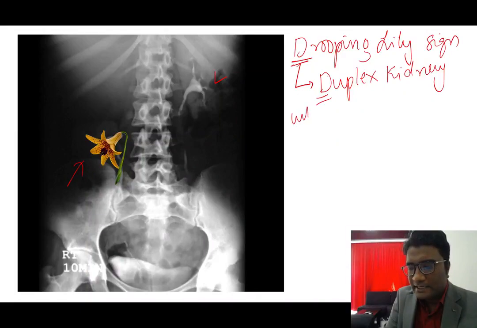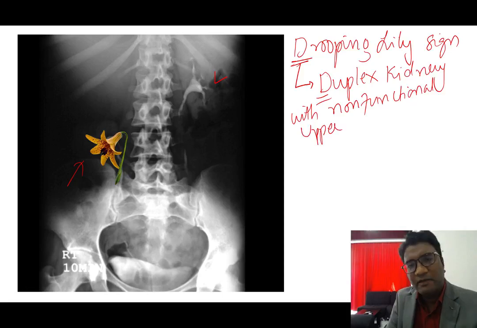So duplex kidney with non-functional upper moiety. The upper moiety does not have any functionality. It is very damaged, because of obstruction or hydronephrosis or thinning of the parenchyma. It is not taking up contrast, not excreting the contrast anymore.